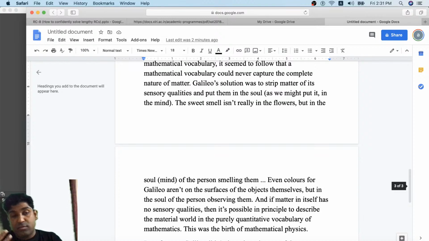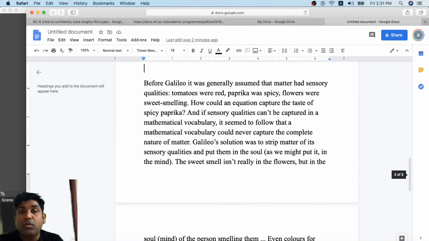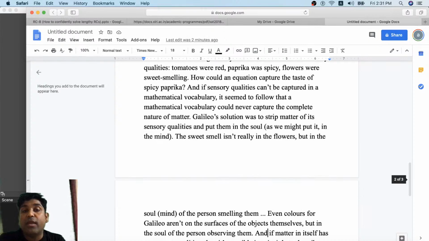Before, it was thought that certain things are there because they are in the matter, that matter had sensory qualities, and that we can never capture them. Galileo said that okay, we will. He said he will take out these sensory qualities of red and spiciness and sweetness and put them in the soul.